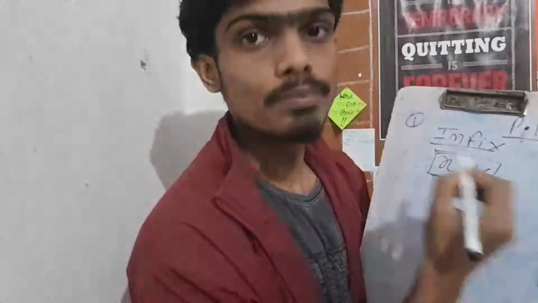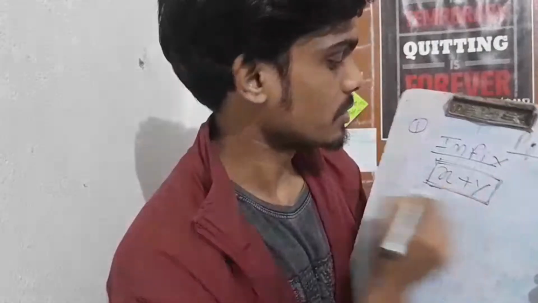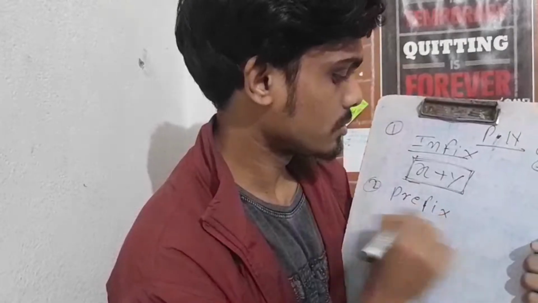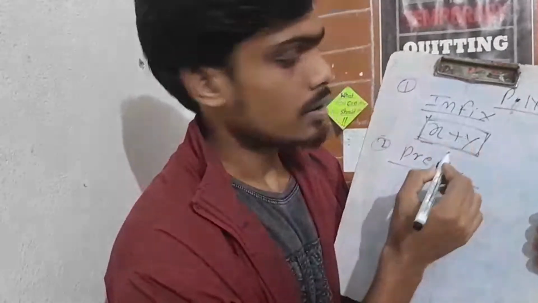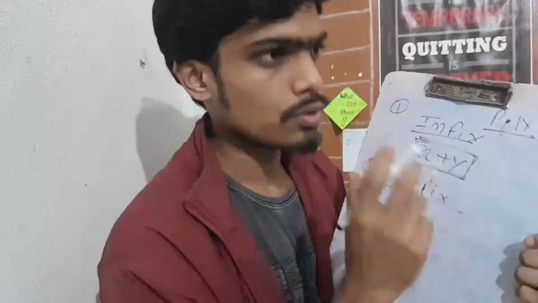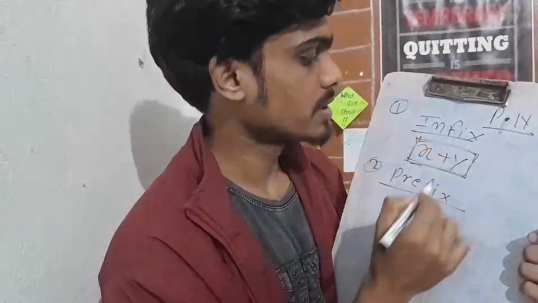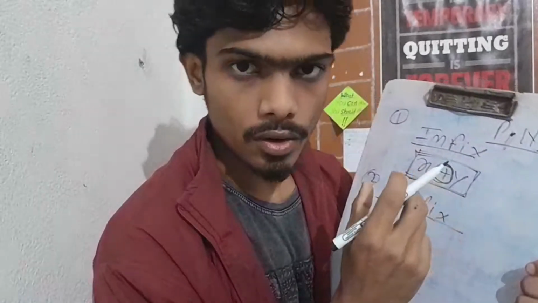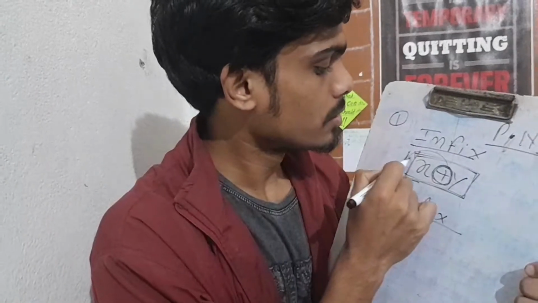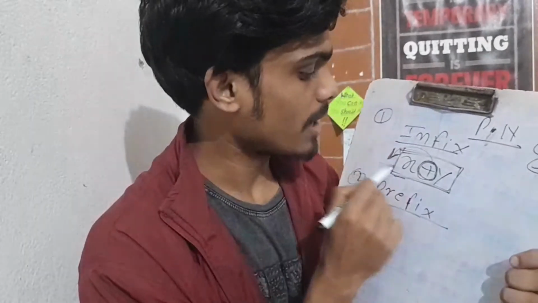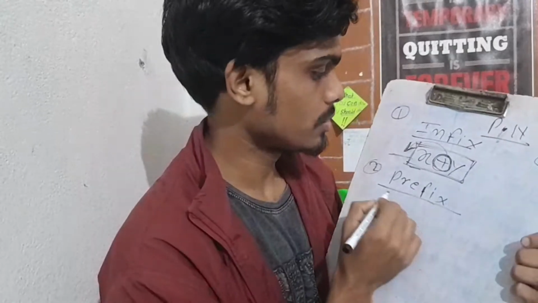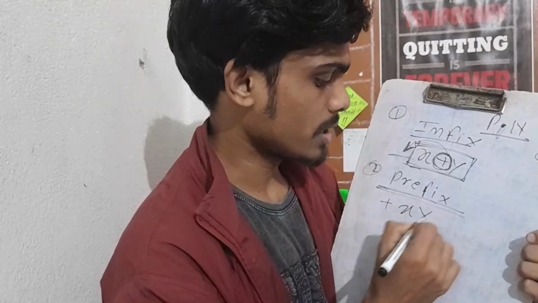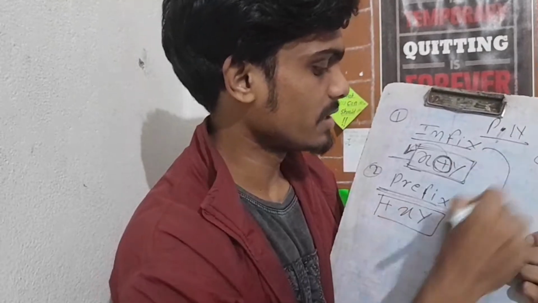In prefix we just take the operator and put it in the first location of the expression. So this will become plus xy. This is the prefix of that infix.